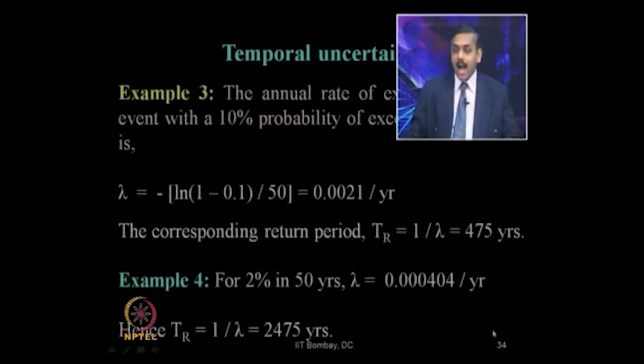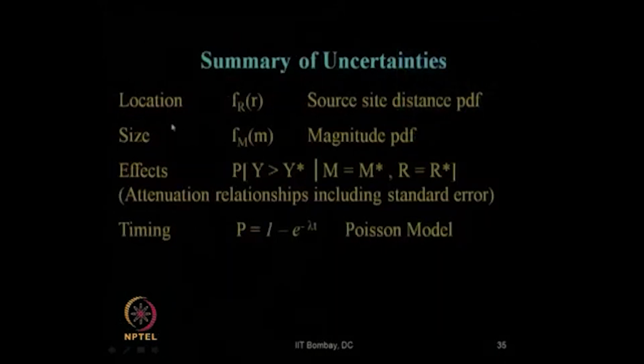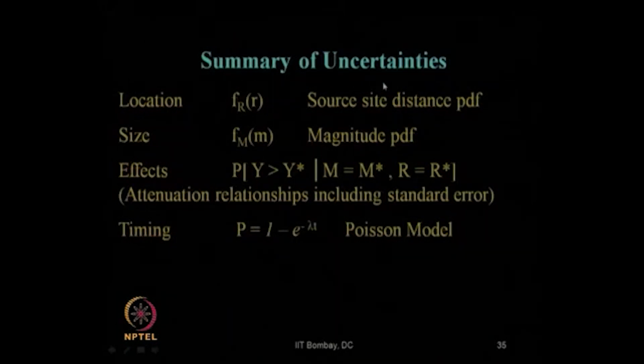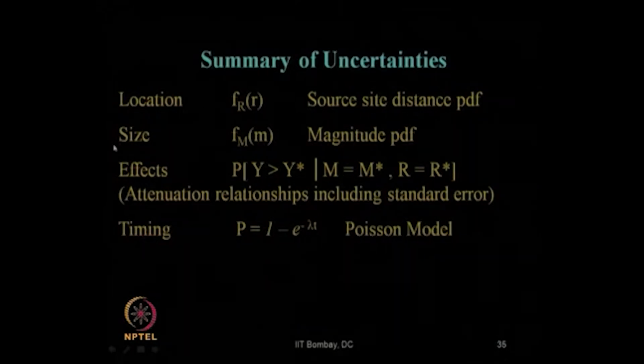So, with that we have summarized in the previous lecture that all the 4 types of uncertainties involved are with respect to location, that is site to source distance, then with respect to size, the magnitude probability distribution function, with respect to effect considering the standard error in the attenuation relationship, and with respect to timing based on the Poisson's model. Now, in today's lecture, we should look how to combine all the uncertainties involved for an earthquake event together, because these are not independent events, all these uncertainties occur together.